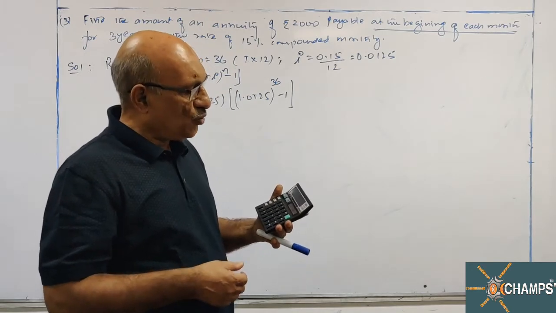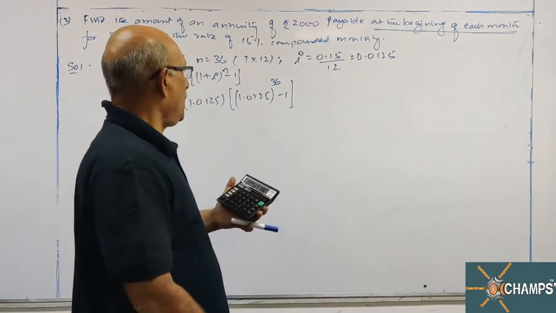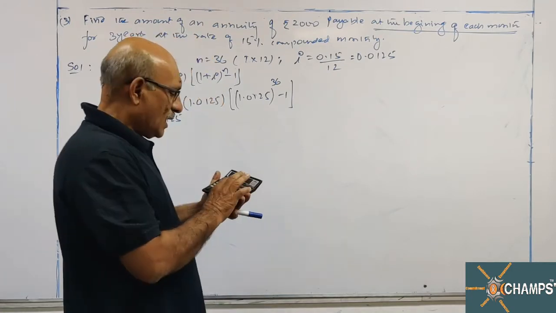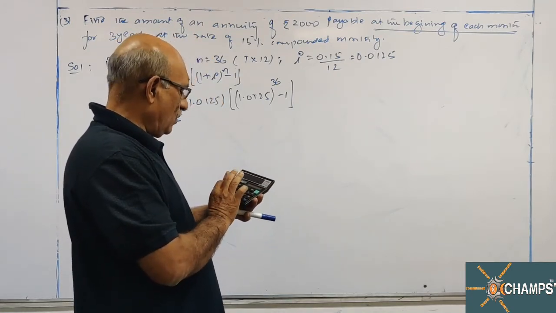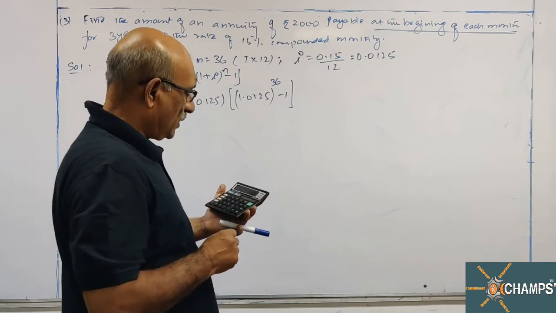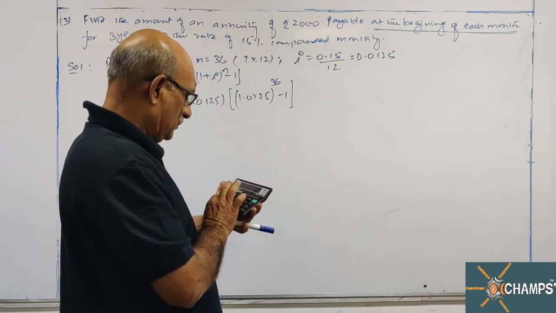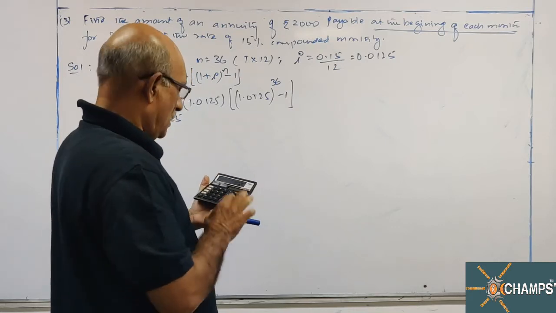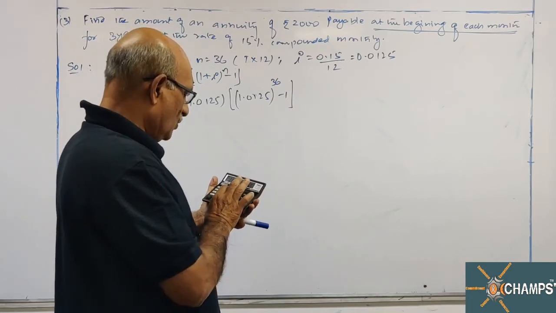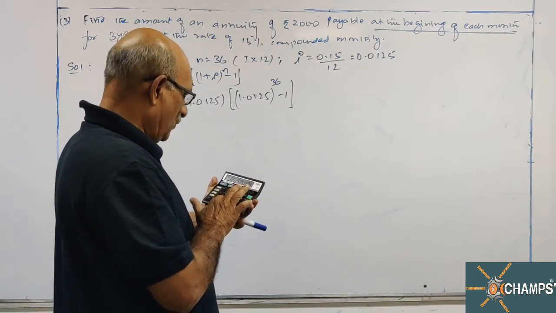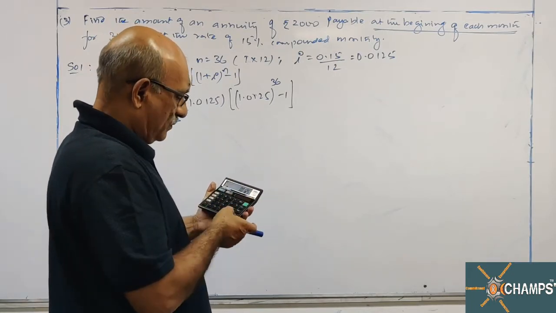Whatever this value is, 2.09756, from this you subtract 1, into 1.0125, into 2000, divided by 0.0125.